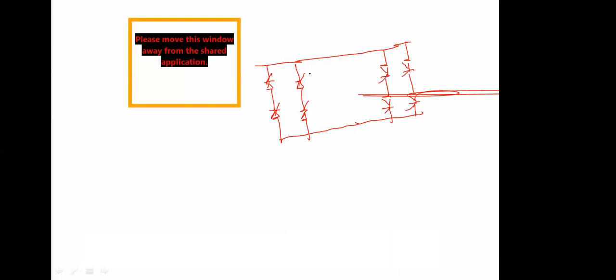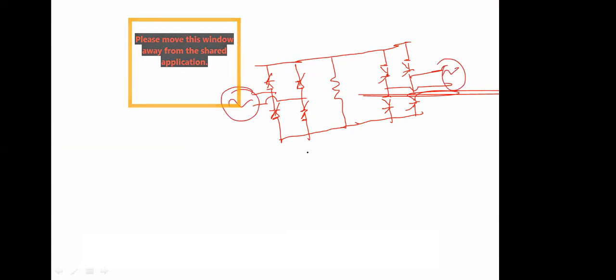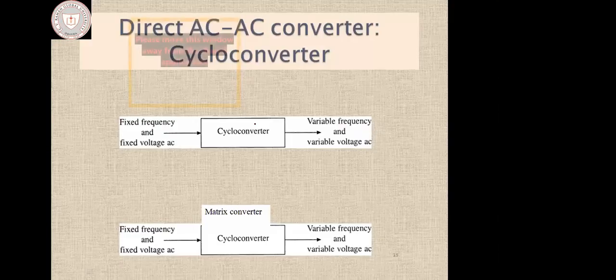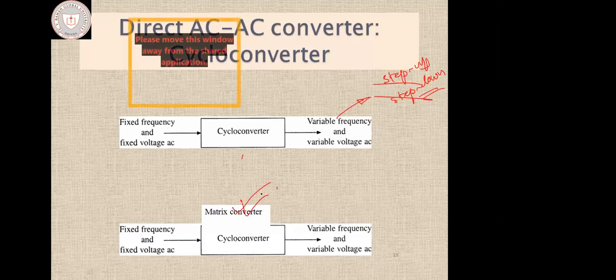Diagrams are getting messed up. Okay, so this would be a cycloconverter. AC supplies would come in from these edges. You can operate it as a step down cycloconverter and also as a step up cycloconverter. It all depends upon your firing of the thyristors. Right? And one more converter you have, you call it a matrix converter. I don't want to go into the details of this.